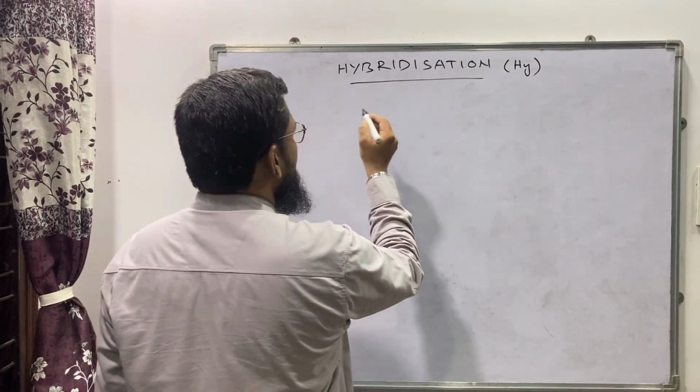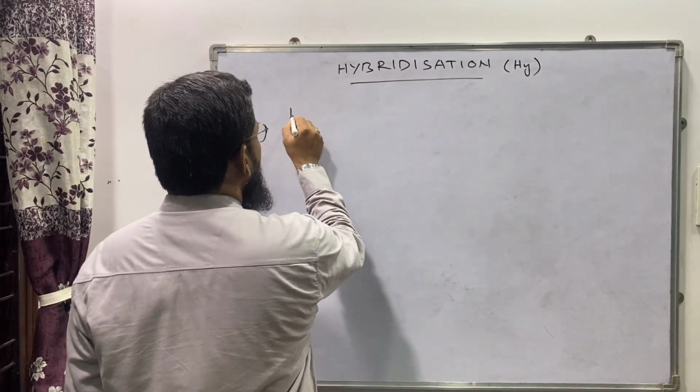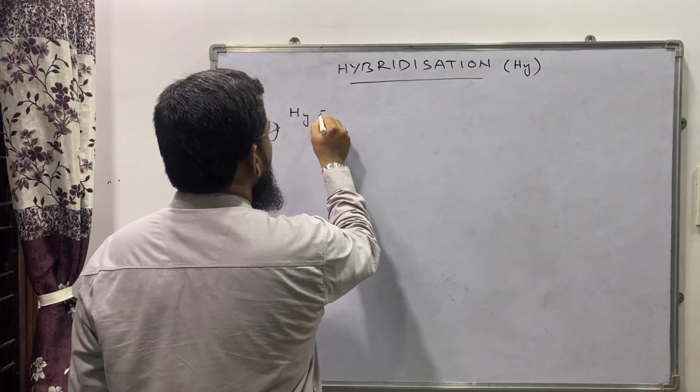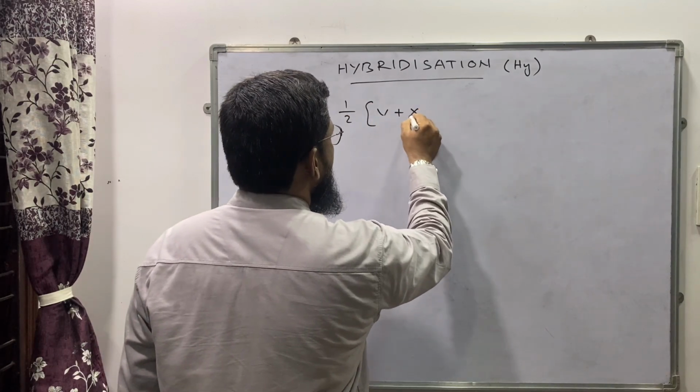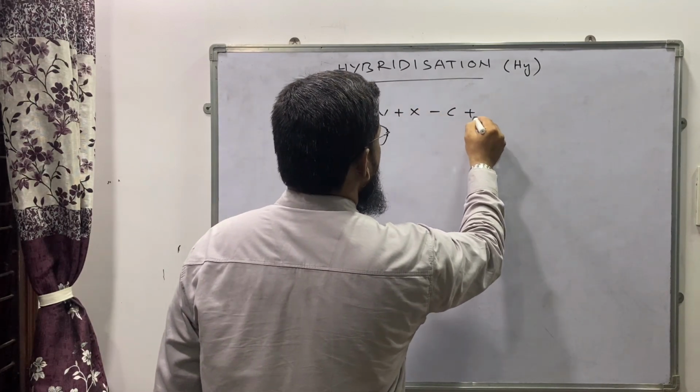Here, the formula to calculate the hybridization is half of (V plus X minus C plus A).